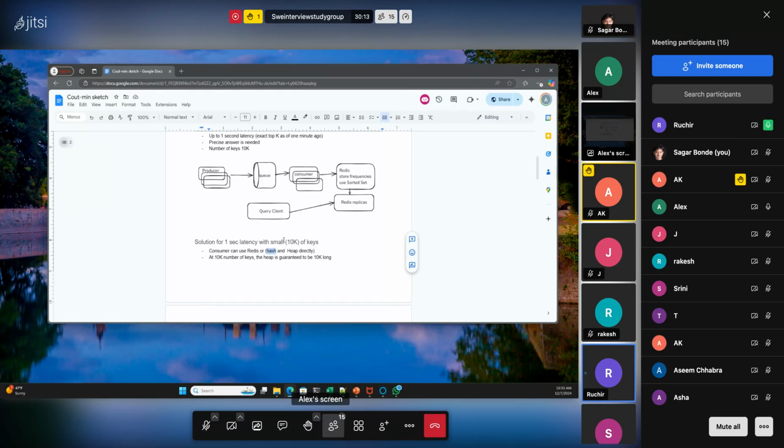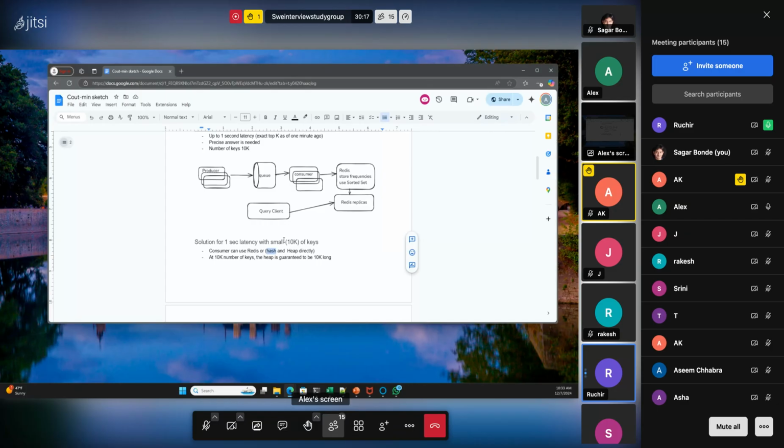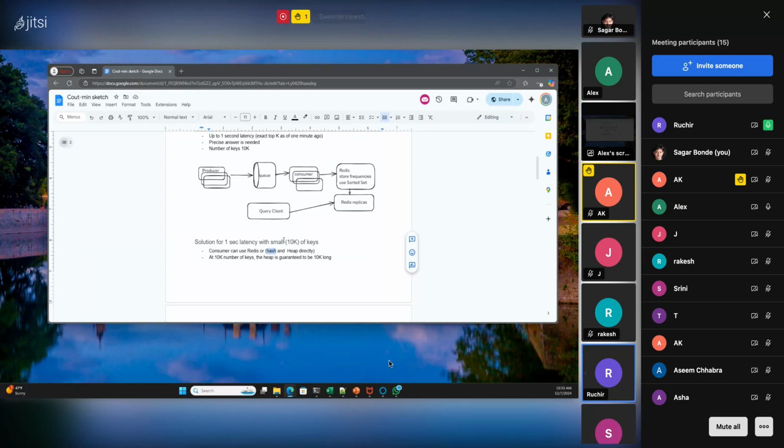I can think of it like MapReduce, wherein you have 10 different shards doing their work and then combining the results. Exactly. MapReduce does it for you, but in this case we're talking about a home-built MapReduce, if you will, where we shard on the consumer side, writing to different Redis nodes depending on your key, and then the query client gets the n results and combines them.